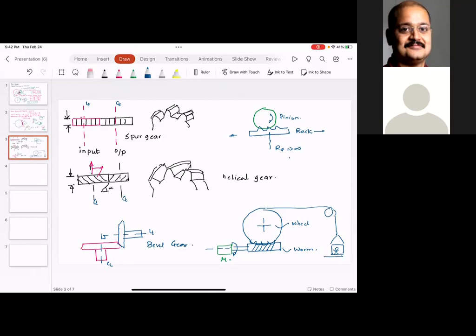I will talk about this in the next class, what to look for when you select the lubrication. When we design a gearbox, first we will finish the design of the gear. I will talk about the nomenclature of gears and the parameters used in gear design. Then I'll walk you through a gear design recipe and work out one or two problems.